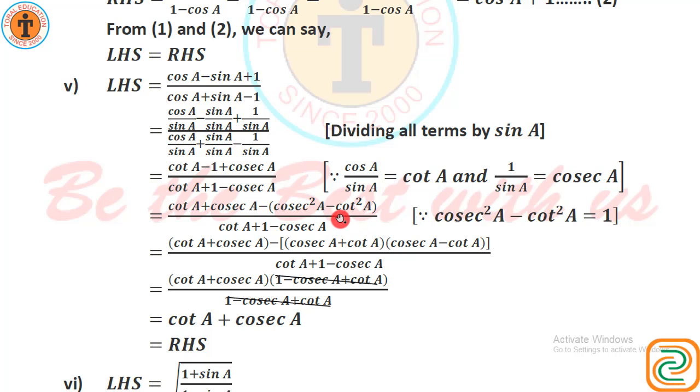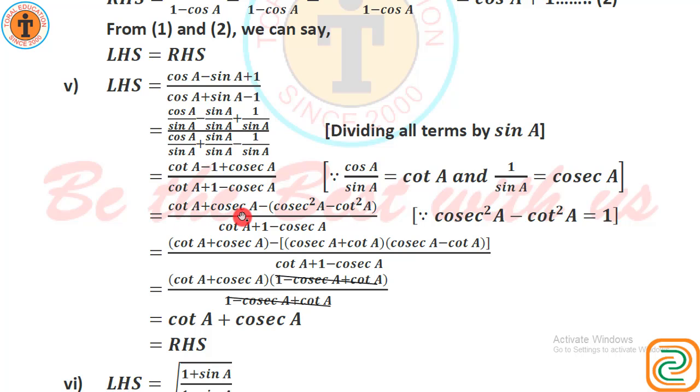This is our identity, cosec square A minus cot square A. To cut off this, I have converted this one only, not this one. You can take it either way, only one, cosec square A minus cot square A. We can say A square minus B square, is it?